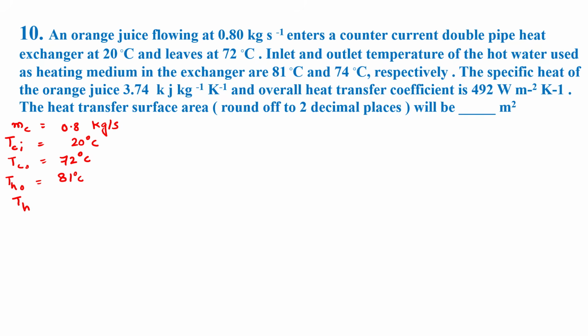Specific heat of the orange juice 3.74 kilojoule per kg Kelvin. And overall heat transfer coefficient is given as 492 watt per meter square Kelvin.